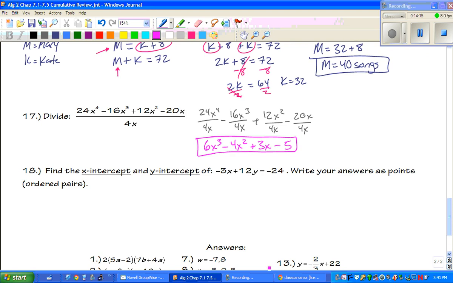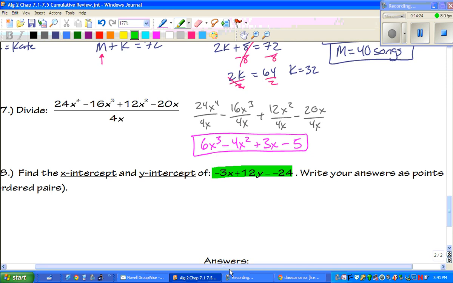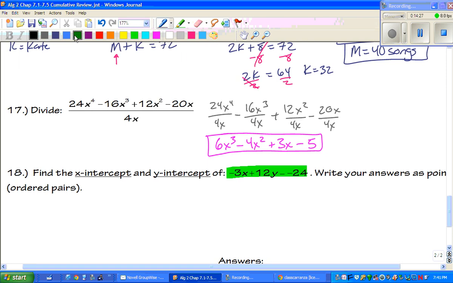Okay, and the last one is telling us to find the x and y intercepts. So when we're doing that, we've got our nice little equation right there. We're going to set the problem up twice. You plug in 0 for x, and then once you plug in 0 for y.